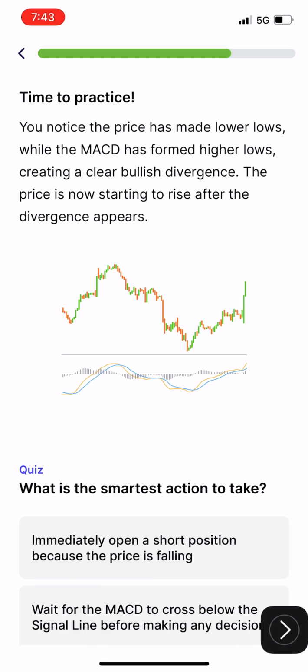Time to practice. You notice the price has made lower lows, while the MACD has formed higher lows, creating a clear bullish divergence. The price is now starting to rise after the divergence appears. Quiz: what is the smartest action to take?